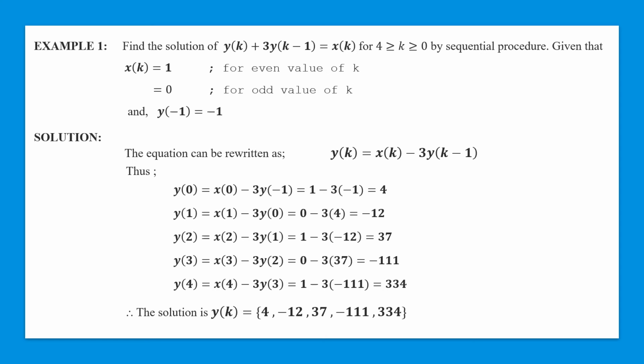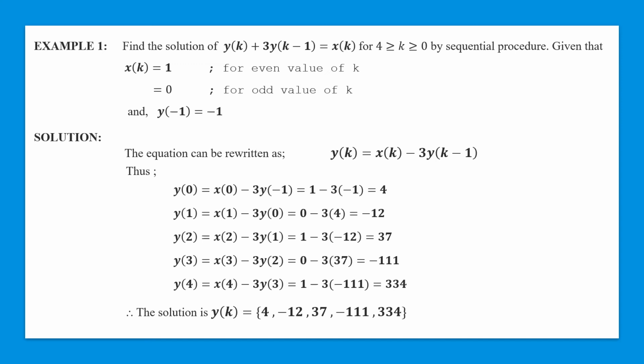Another data is given that x(k) is equal to 1 when the value of k is even and x(k) is equal to 0 when k is odd, and y(-1) is equal to -1. So for this difference equation we have to find the sequential solution within the range of 0 to 4.